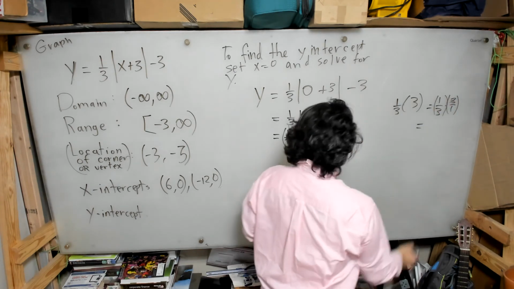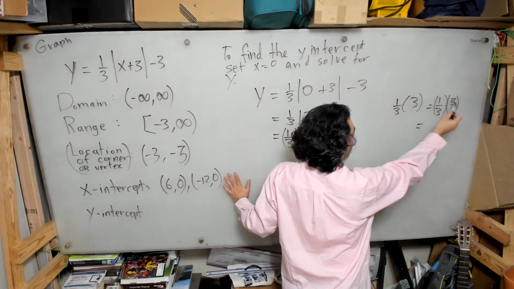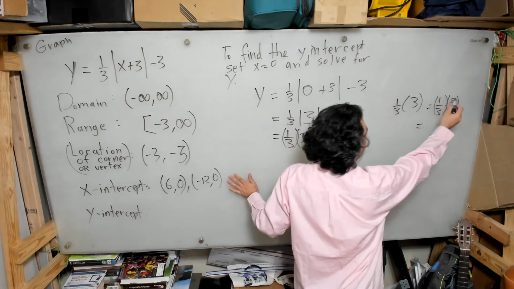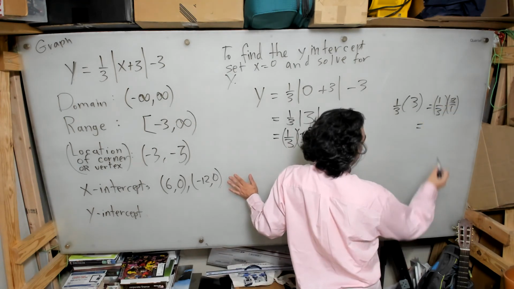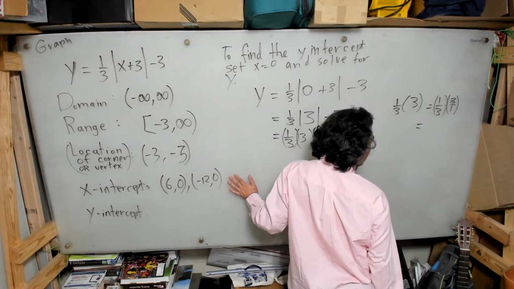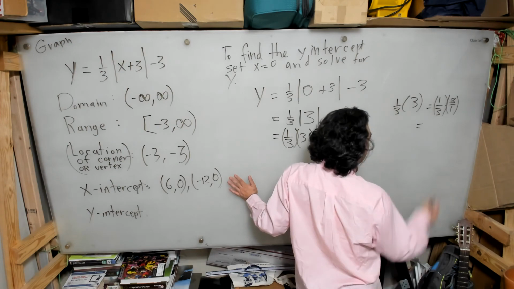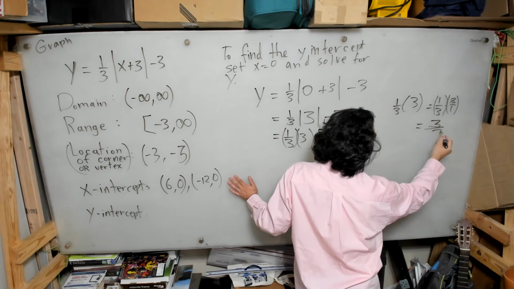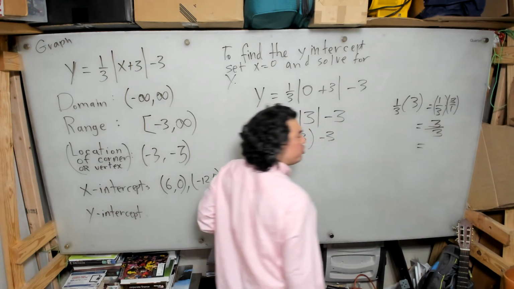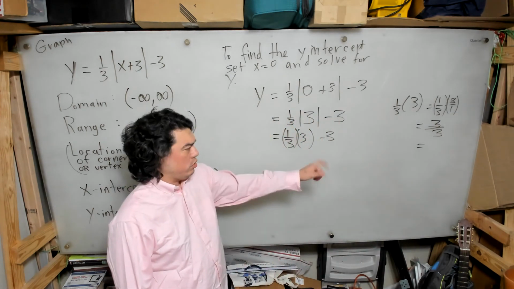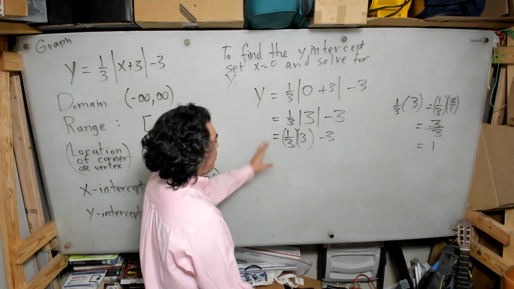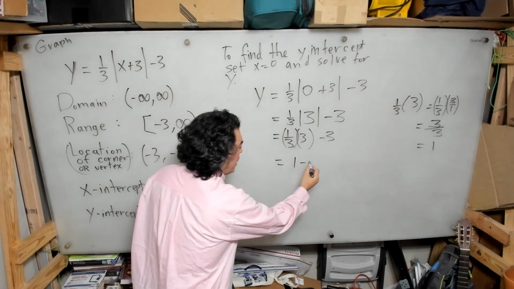So in other words, the product of these two fractions will be the fraction whose numerator is the product of the numerators of the fractions being multiplied, and whose denominator is the product of the denominators of the fractions being multiplied. So what is 1 times 3? 3. And what is 3 times 1? 3. And what is a fraction whose numerator and denominator are equal? Just 1. Right? So I can rewrite this expression as 1 minus 3.